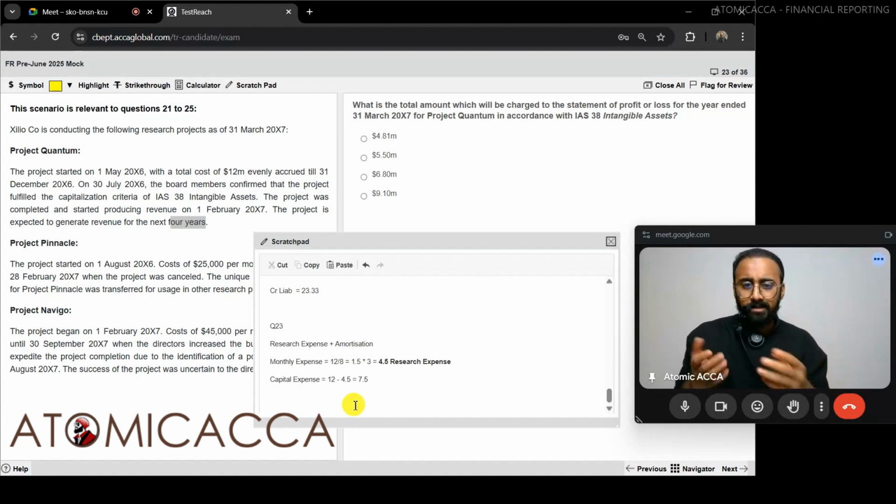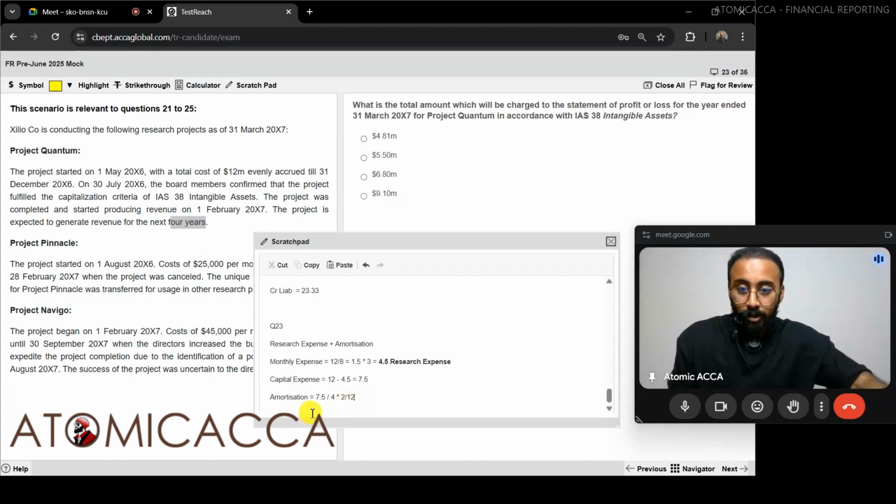Or you can find it like this: 7.5 is the total capital expense. You allocate it over 4 years, divided by 4, then multiply by 2 by 12. In either case, you'll get the same answer. For example, amortization will be equal to 7.5 divided by 4 years, into 2 months out of 12 months.